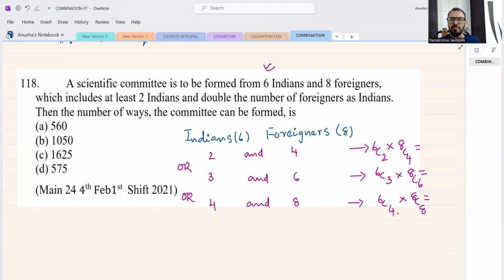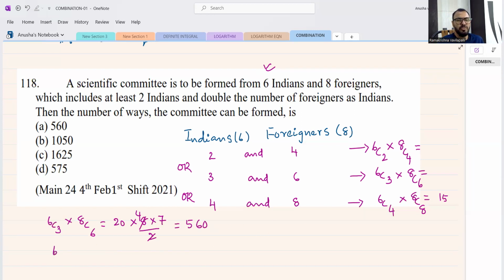So 6C4 means it is 6C2. You will get 15. 6C3 is nothing but 20. Here I'll write 6C3 into 8C6 is nothing but 20 into 8 into 7 by 2. It is 560.